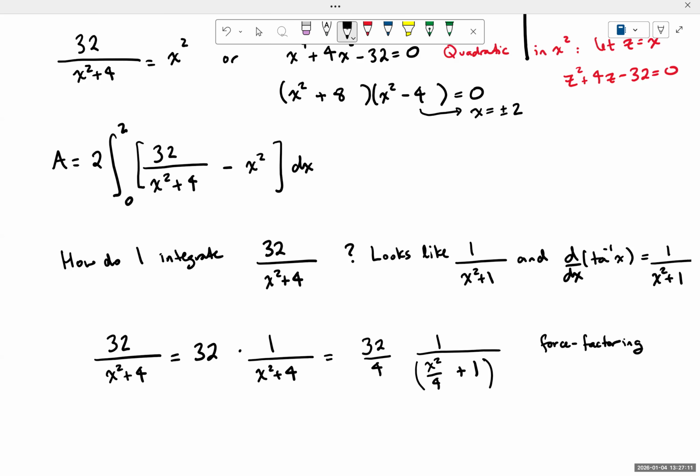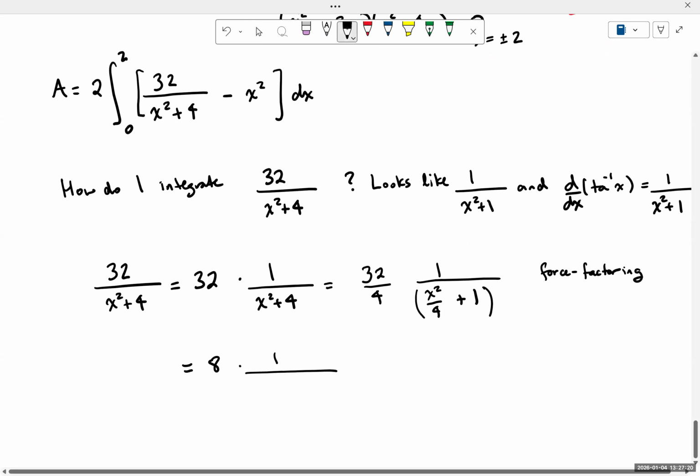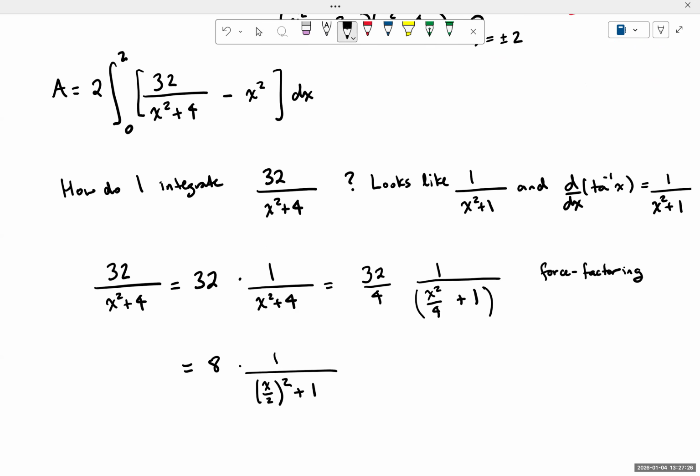All right. And now what do I have? This just becomes 8. And then what do I have here? X squared over 4. This is actually x over 2 quantity squared plus 1. And then I can let u be x over 2.